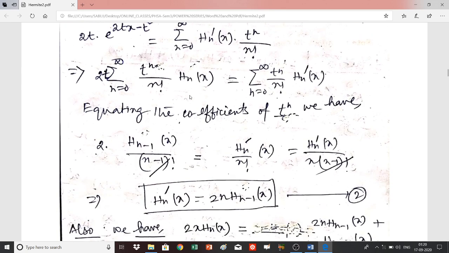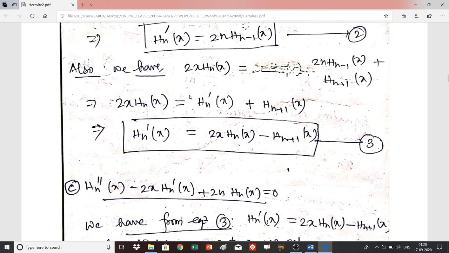Using that relation, 2x hn x is 2n hn minus 1 x plus hn plus 1 x. Just from this relation you can write 2x hn x is equal to hn prime x plus hn plus 1 x.